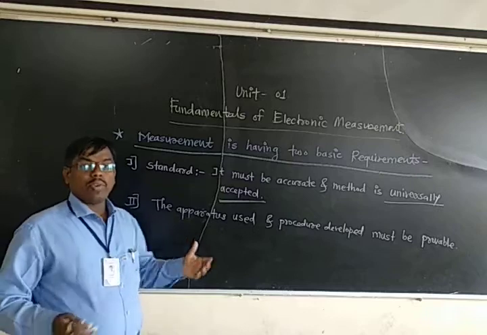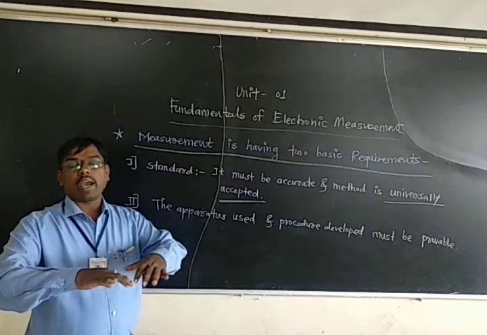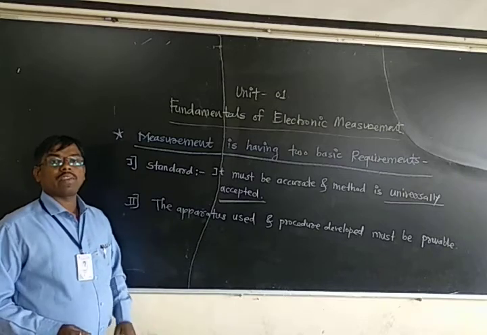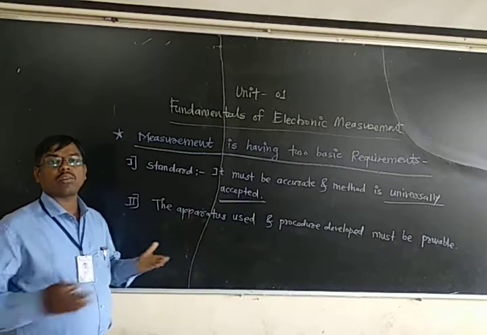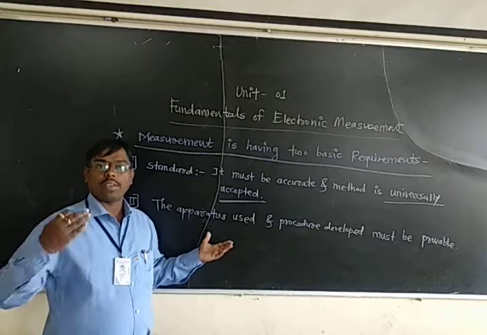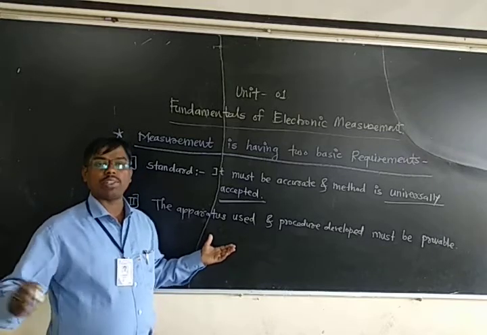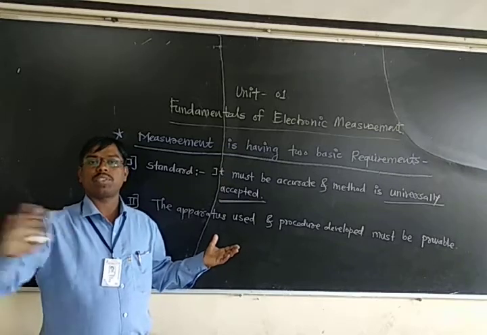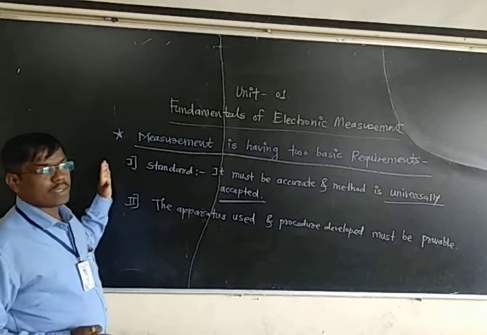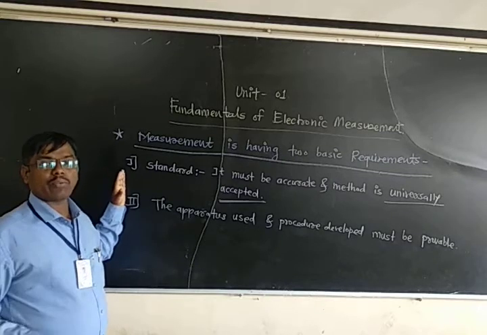Hence, we have commonly accepted apparatus and commonly accepted procedure, so that the measurement process can be carried out a higher number of times for any physical parameter of that particular quantity.